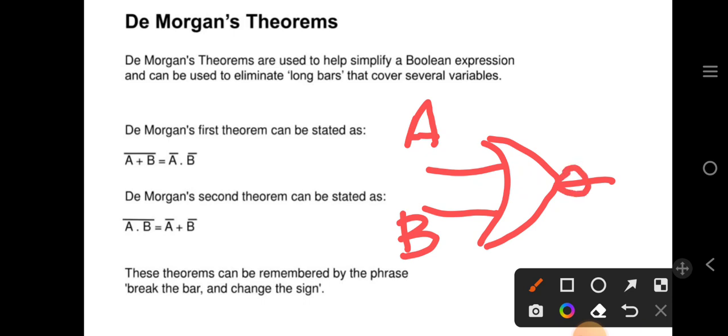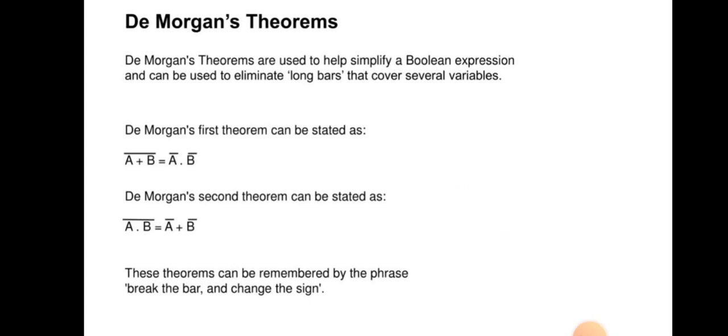So if it is inverted, then you can simplify this gate, and in place of that you can write A bar dot B bar, and you can separate the inversions. So remember this rule: (A plus B) whole bar, then you can split the bar to both the terms, but you have to convert the OR symbol to the AND symbol.